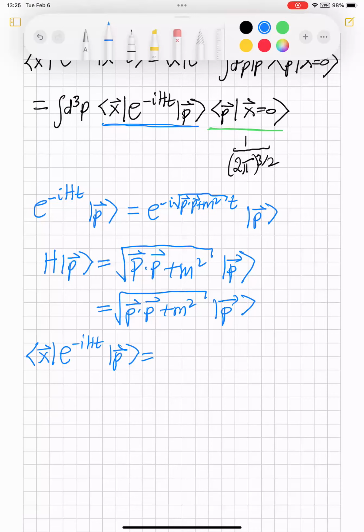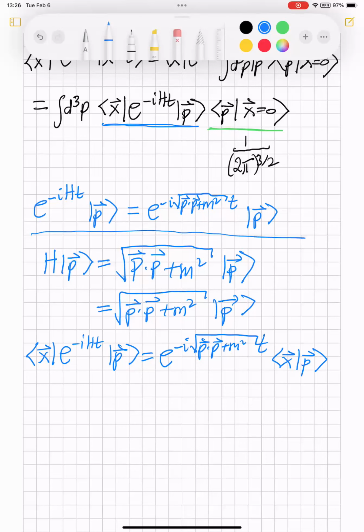And now we know, well, the eigenvalue we can just pull out. So I'm just going to pull out the eigenvalue. And then we've got bra x on p. So one way of thinking about the equation that I've just written down is that I took this equation that I've just underlined, and on both sides, I multiplied by bra x. On the one side, I cannot take bra x through the exponential e to the minus iht, but on the other side, of course, I can take bra x just through this number, no problem.